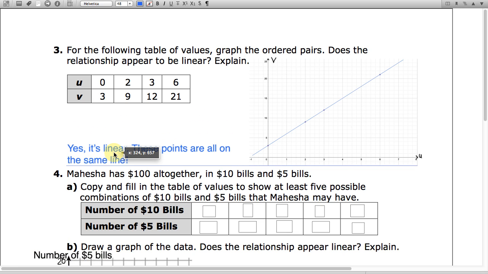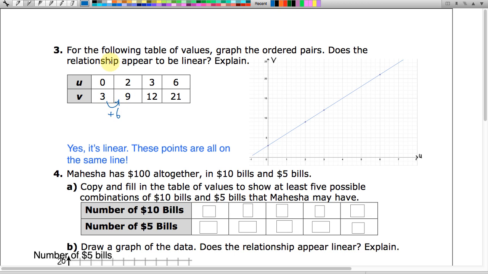And I can just demonstrate that here. So if we did the change in V, positive 6, over the change in U, which is positive 2, that 6 over 2 is equal to 3.